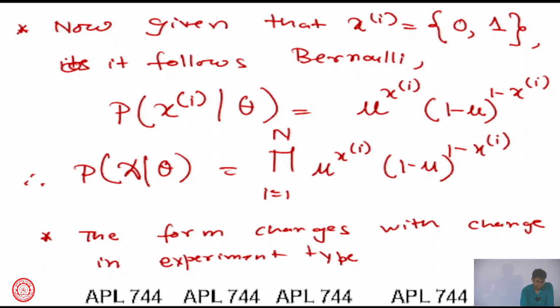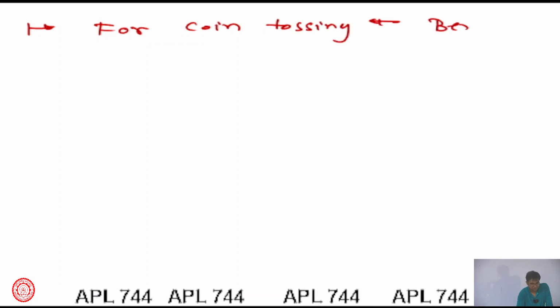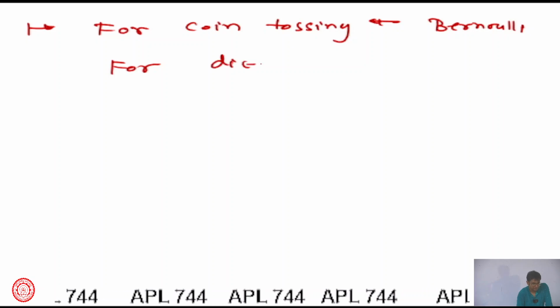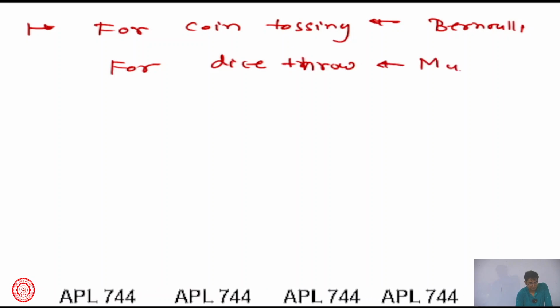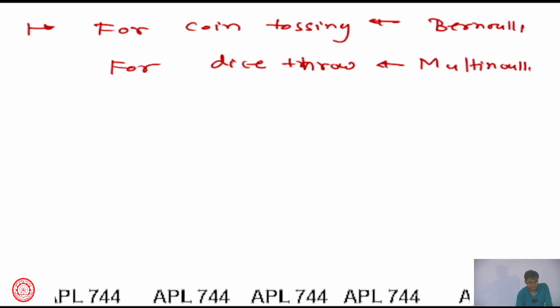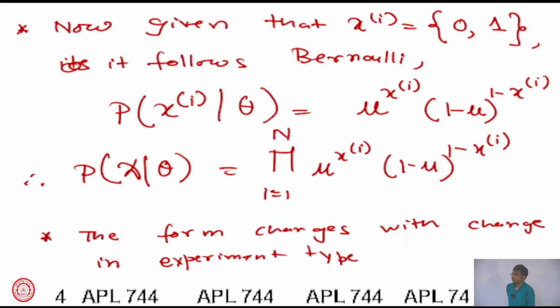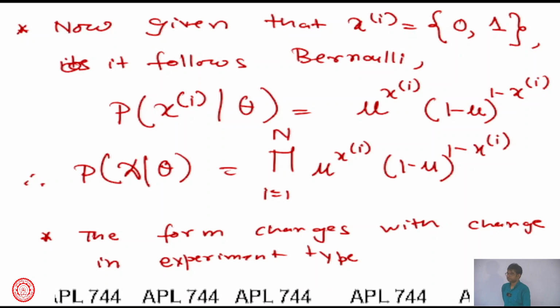Example: for coin tossing, we are getting a product of Bernoulli, so let us call it Bernoulli, but for dice throwing, it will become multinoulli. Okay. So, the form changes with change in experiment type. Clear?